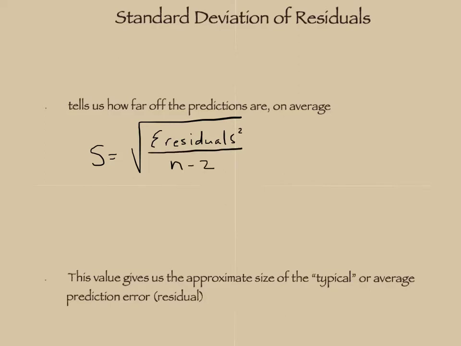And if you remember, this looks a lot like the standard deviation we did in chapter 1. But why are we dividing by n minus 2 versus n minus 1? Well, we will actually see that in chapter 12.